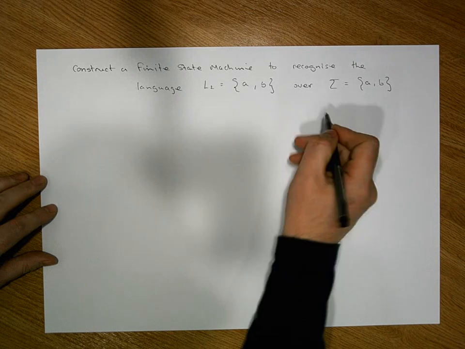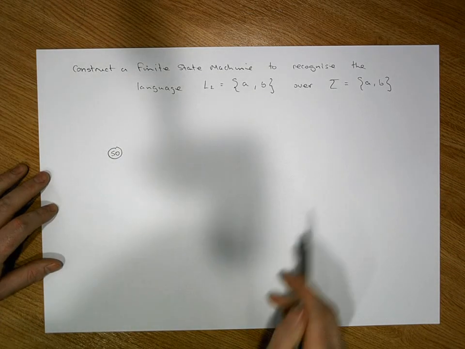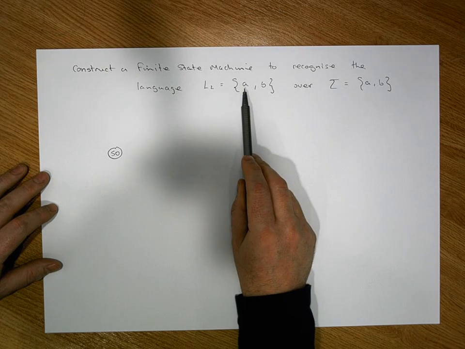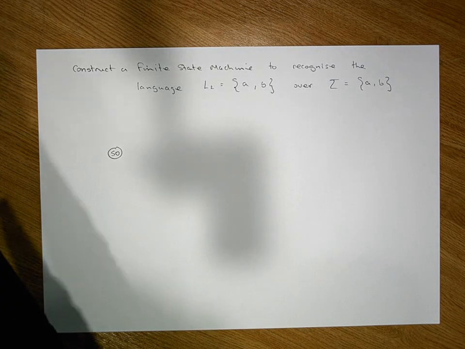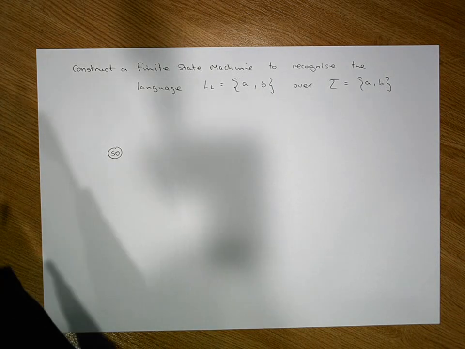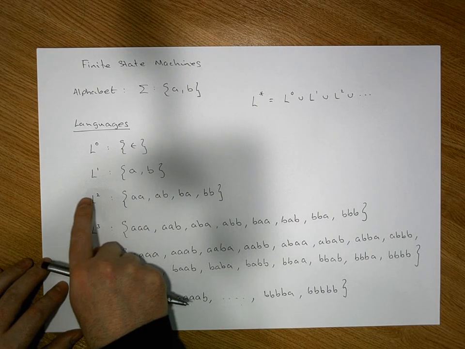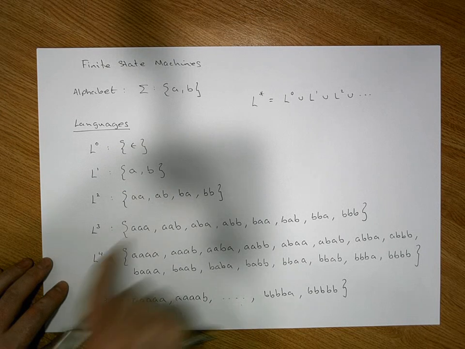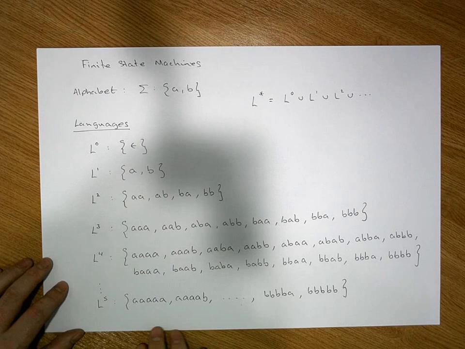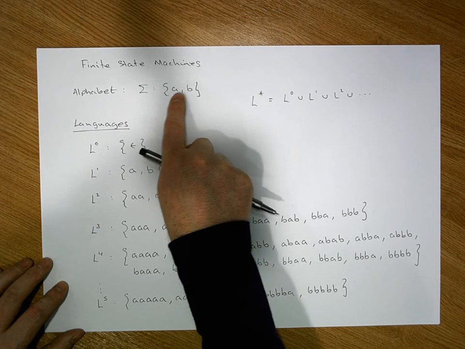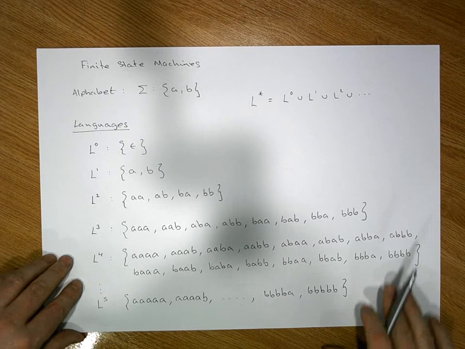Right, so let's start this off. We're going to have a start state, let's call this S0. What this machine has to do is recognize the word A. It's also going to have to recognize the word B, but it cannot recognize any other word. Going back to our first video in the series, we defined different languages that consisted of words of certain sizes, and we defined L star to be the union of all of these finite languages, which gives us a language of all possible words composed of A's and B's over this alphabet.